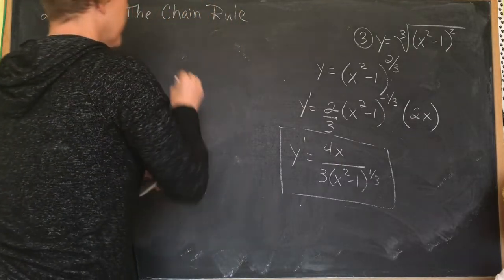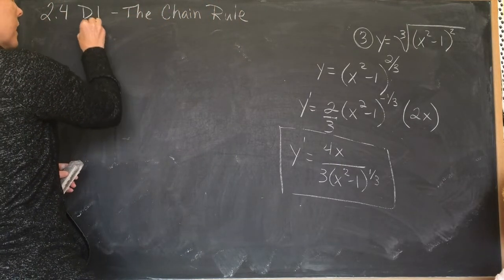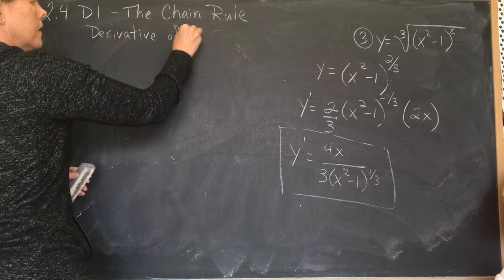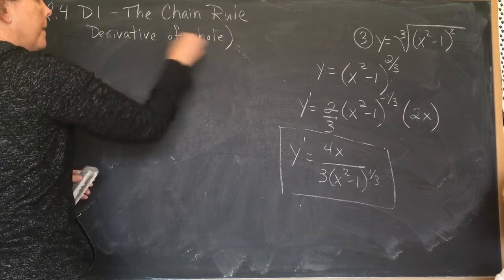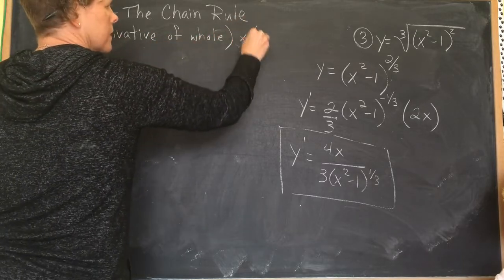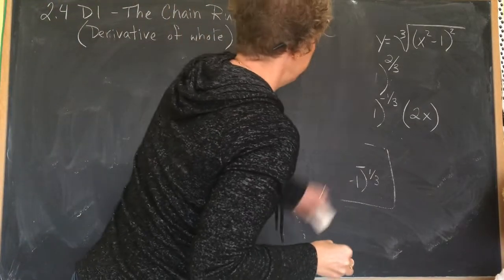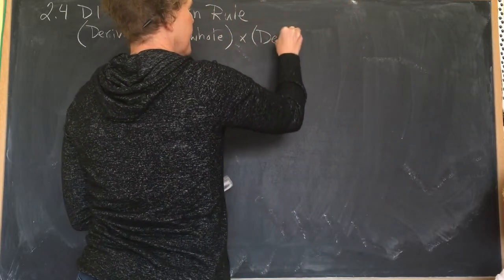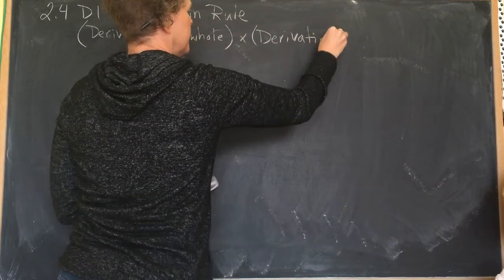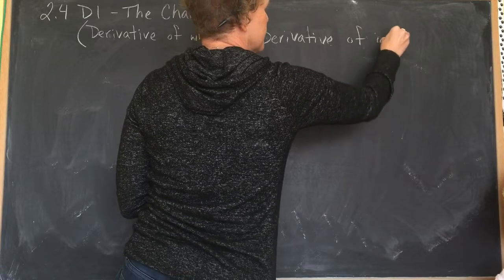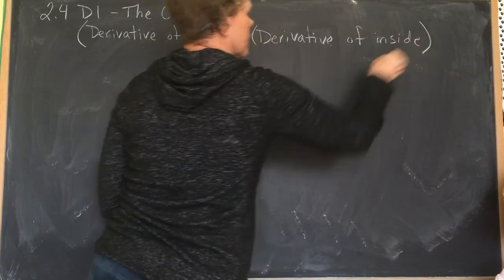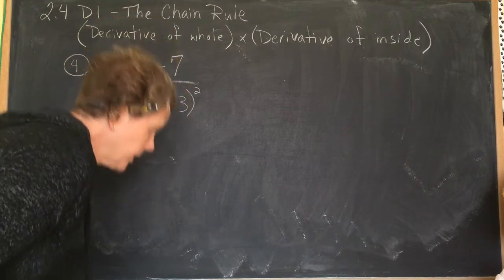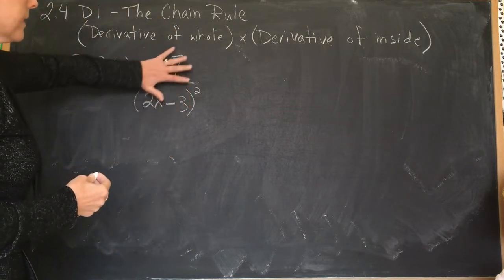All right, we're going to do 2 more, but the basic idea of the chain rule is you take the derivative of the whole times the derivative of the inside.